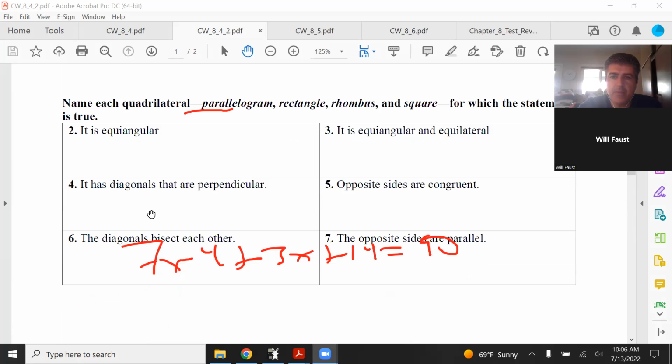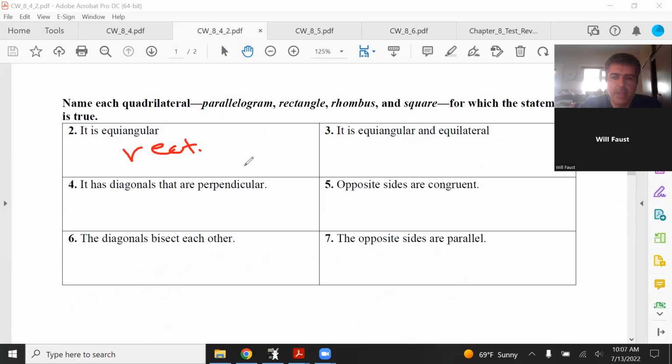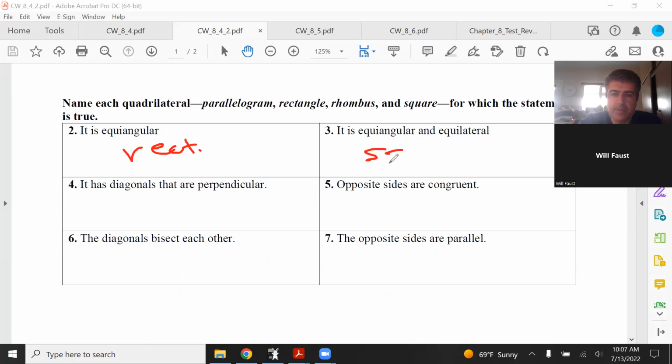Here, state what it is. If it's equiangular, at the very least, I know it's going to be a rectangle. Equiangular and equilateral, then it's a square. Opposite sides are congruent: at the very least, I know it's a parallelogram. Opposite sides are parallel, same thing. Actually, you could put the other ones also, because they're special cases of them.